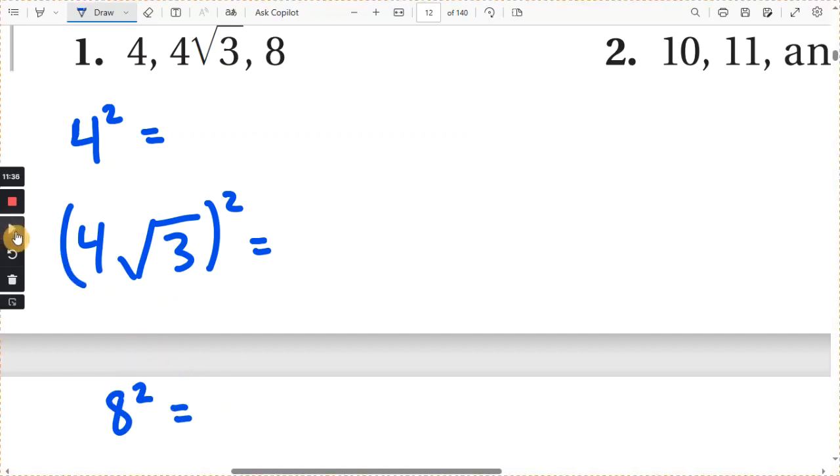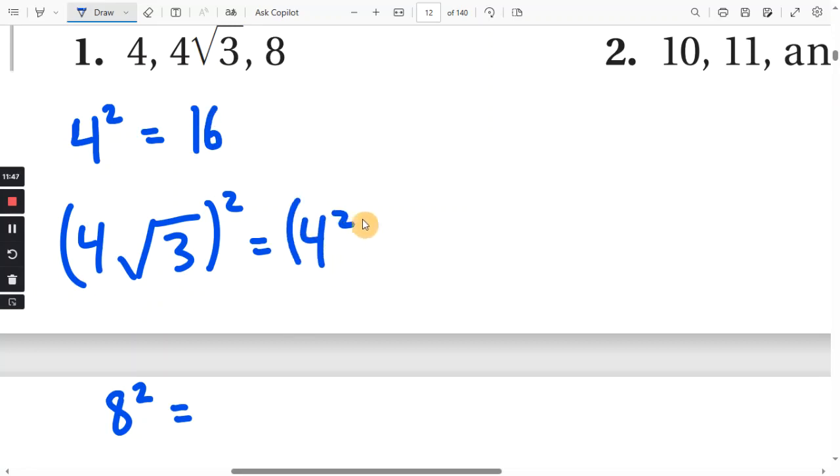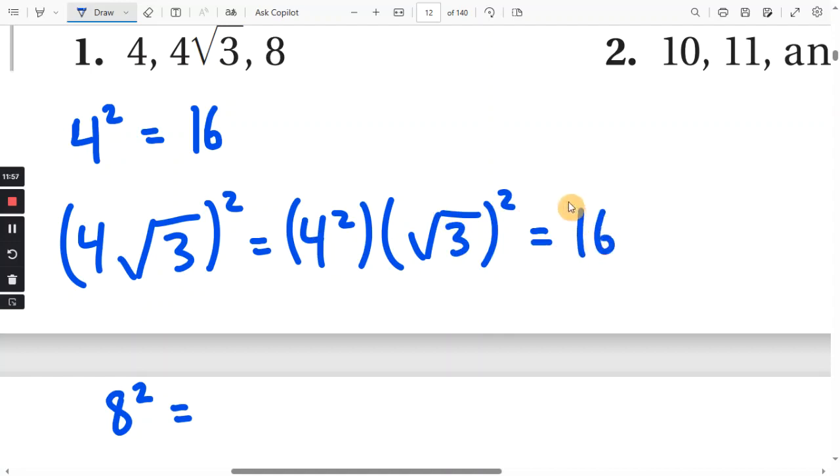Please try it. All right, 4 squared is 16. 4 radical 3 squared is going to be 4 squared times radical 3 squared. Okay, 4 times 4 is 16, and Caleb says radical 3 squared is just 3. And what's 16 times 3? 48, thank you.